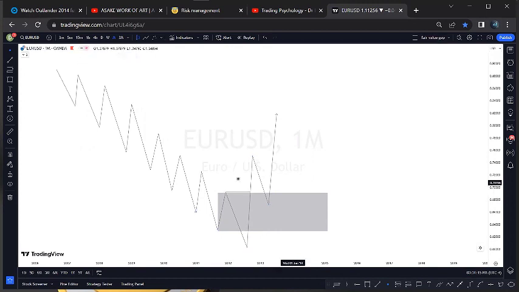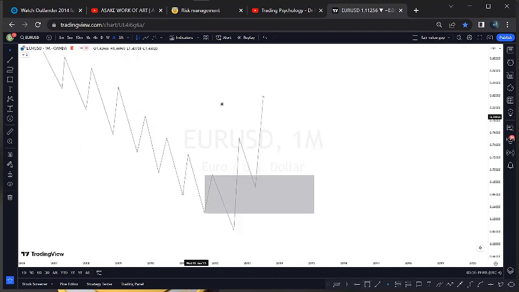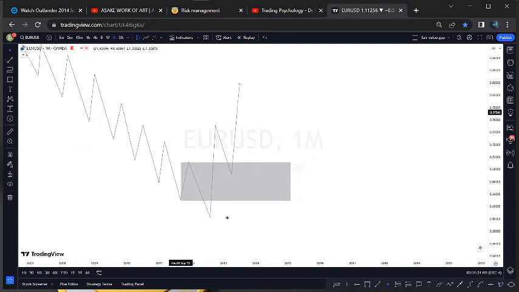Now, this pattern here is what we call the breaker reversal pattern. In a market, either you are reversing the trend or you are riding the trend.